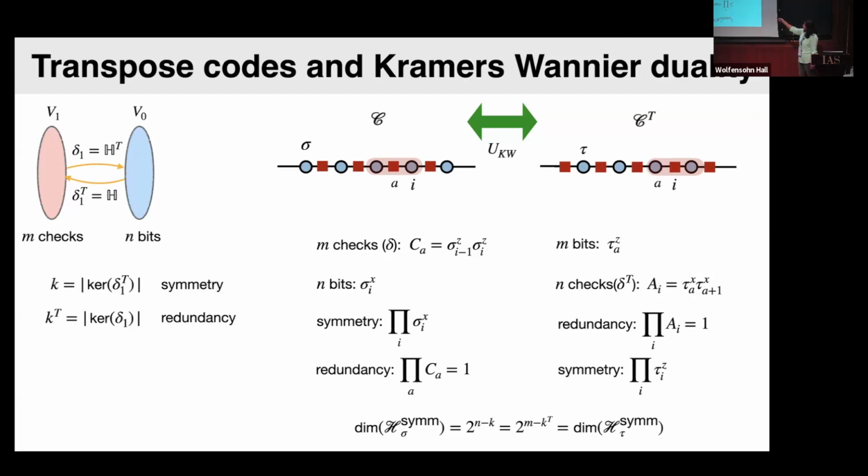Now if I want to do a unitary transformation between a model defined by a code and its transpose, then you learned about this again in Shu Heng's lectures. This unitary transformation has to map between spaces which have the same dimension. Because of this role played by symmetries and redundancies, if I just give you an Ising model, you'd say, in symmetry sector +1, here are all the configurations, and in symmetry sector -1, here are all the configurations.